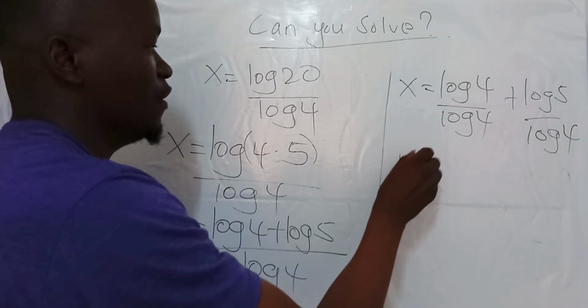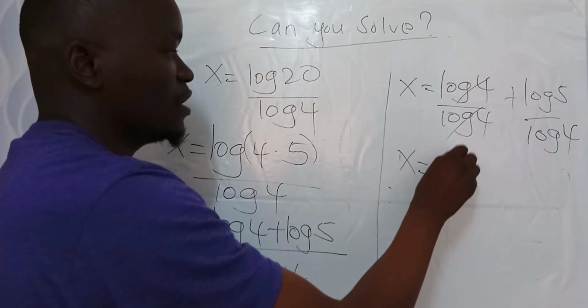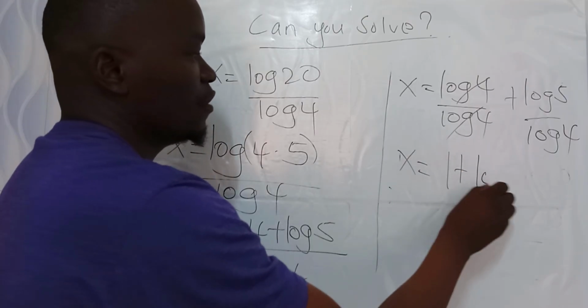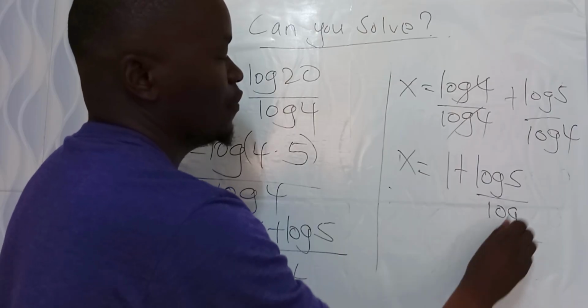So now the value for x in this case is equal to, log 4 and log 4 cancel, so x is 1 plus the log of 5 all over the log of 4.